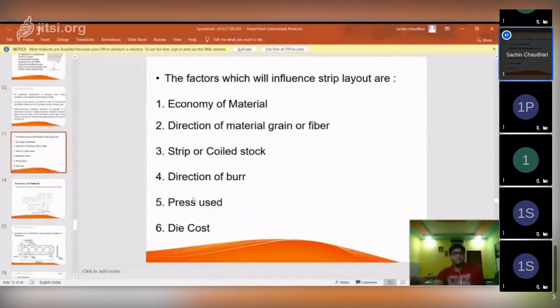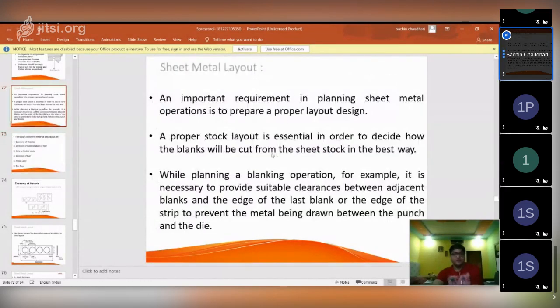Okay, so total there are 6 to 7 factors which influence the strip layout. Okay, so a proper stock layout is essential in order to decide how the blank will be cut from your sheet stock in the best way.